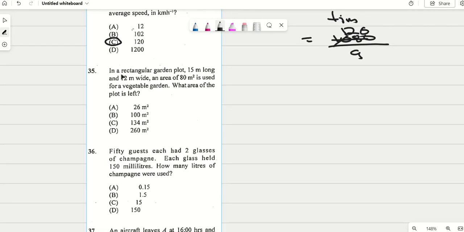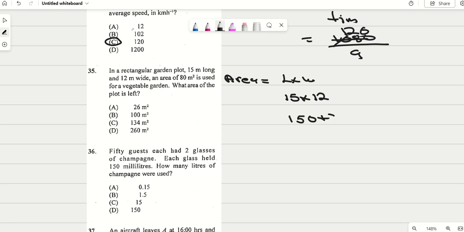Number 35. In a rectangular garden plot 15 meters long and 12 meters wide, an area of 80 meters is used for vegetable garden. What is the area of the plot left? So the area of the garden plot is length times width, which is 15 times 12. 15 times 12 is 150 plus 30, which is equal to 180.